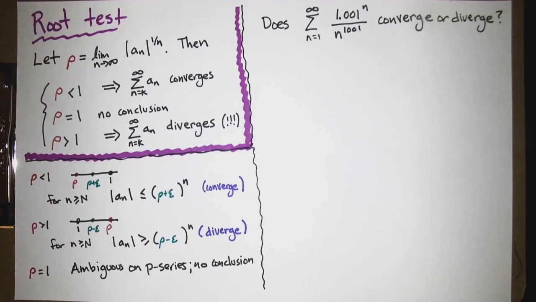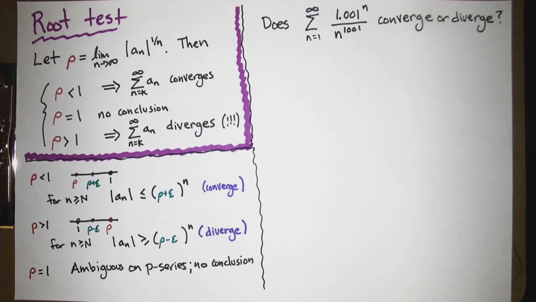Plug in n equals 1, you get 1.001. When you plug in n equals 2, you get 0.00000, about 300 zeros, and then a 1. When you plug in n equals 3, you have probably closer to 350 zeros and a 1. The terms are ridiculously tiny, and they are ridiculously tiny for a very long time.